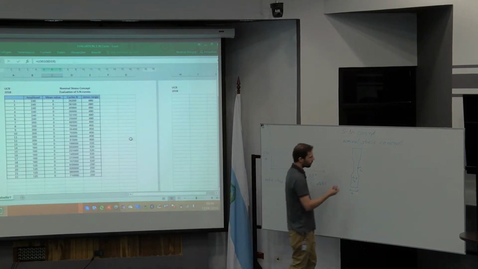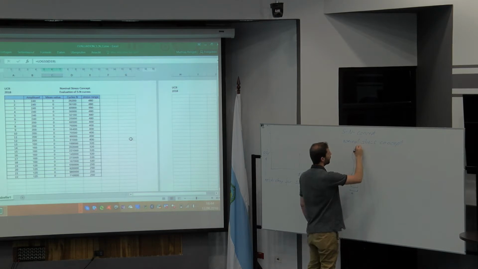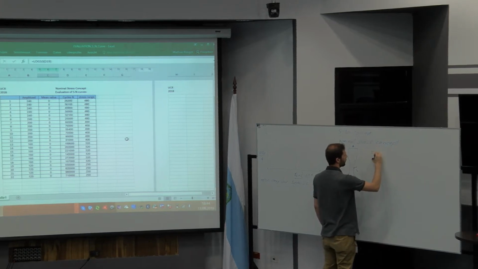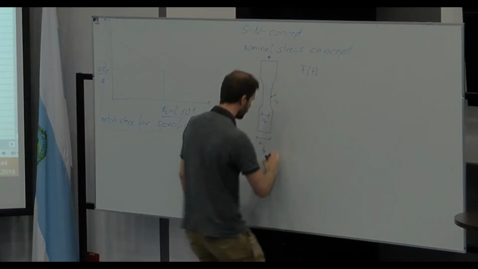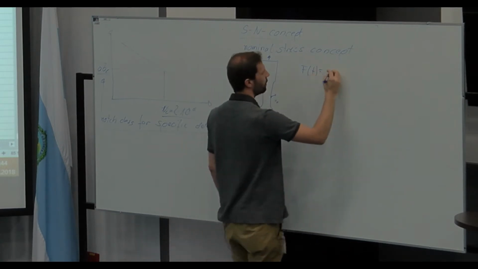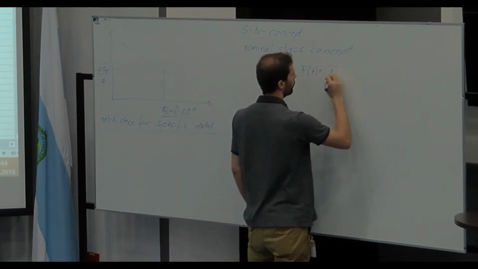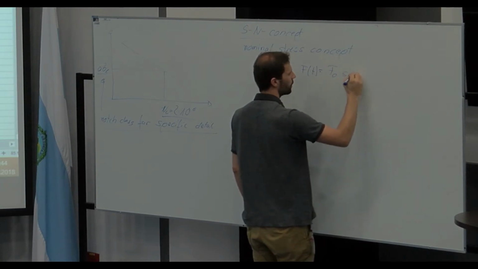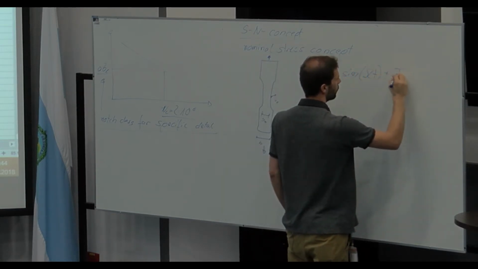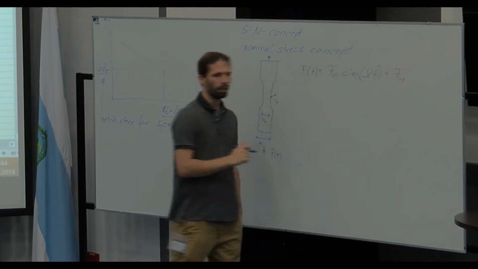And at the end, this is loaded by a sinus. So we have here our F(t), and F(t) is defined as F0 times sinus plus F1.